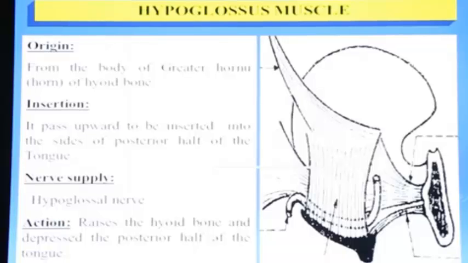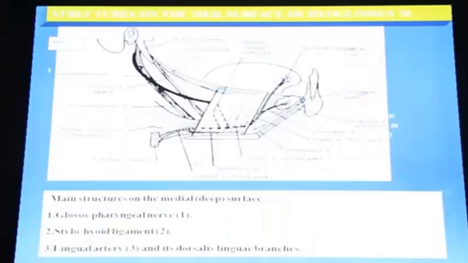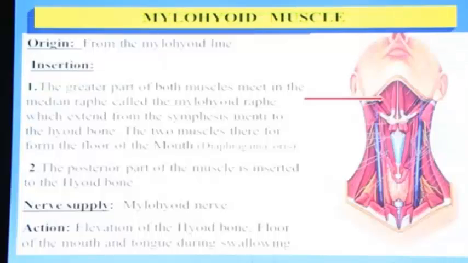Structures lie on the lateral surface of the hyoglossus muscle.